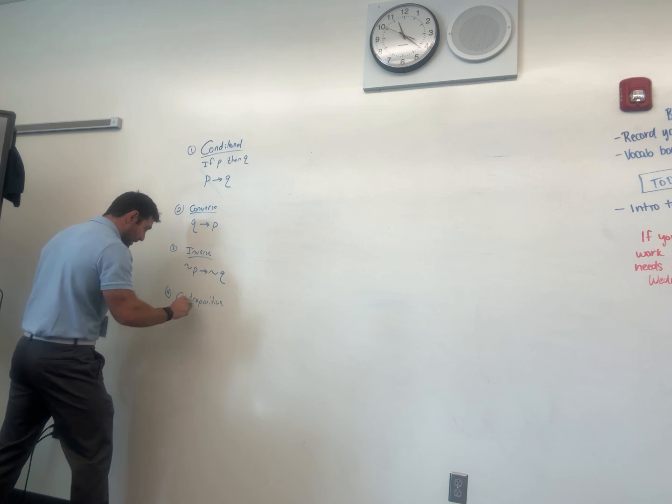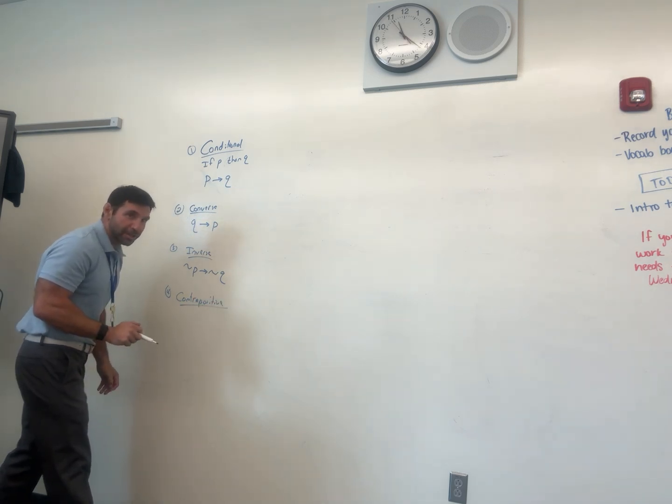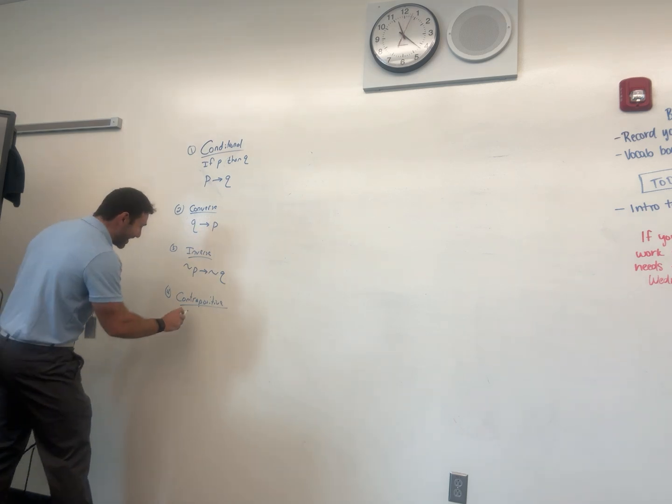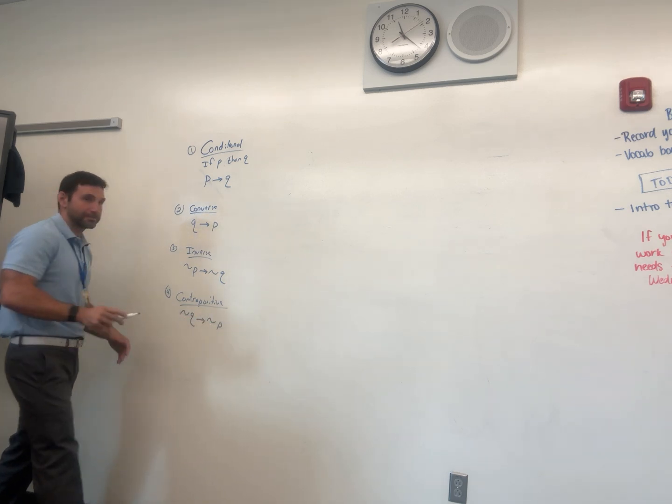And again, those of you who weren't here and didn't watch the video, not naming names. Only one person here that wasn't here yesterday. And then contrapositive says, if not Q, then not P.